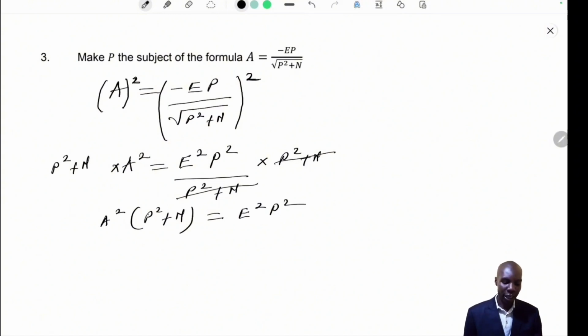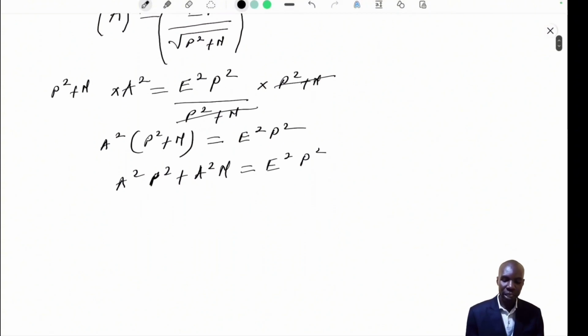Then on the left-hand side, we open the bracket. We say a squared p squared plus a squared n should be equal to e squared p squared. But our concern is to make p the subject of the formula. So we bring the like terms together, the p groups.